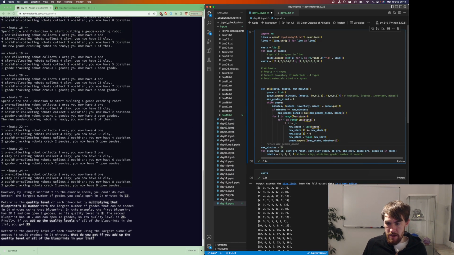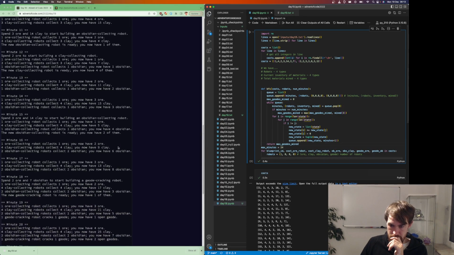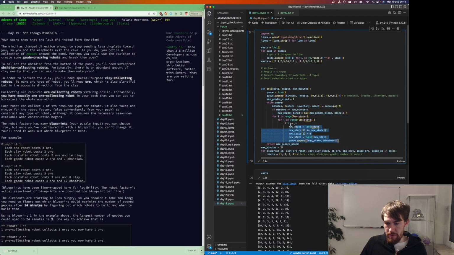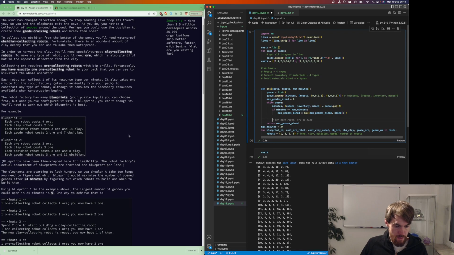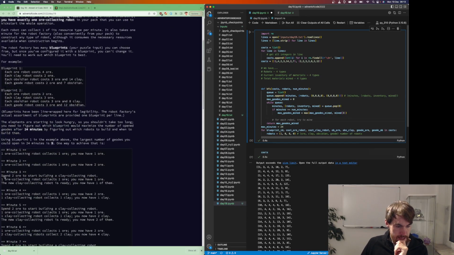So then at the end we return max geodes mined. Perfect. So now the question is, what can we do? For each robot, try to mine. That actually sounds pretty good, because we first start collecting.